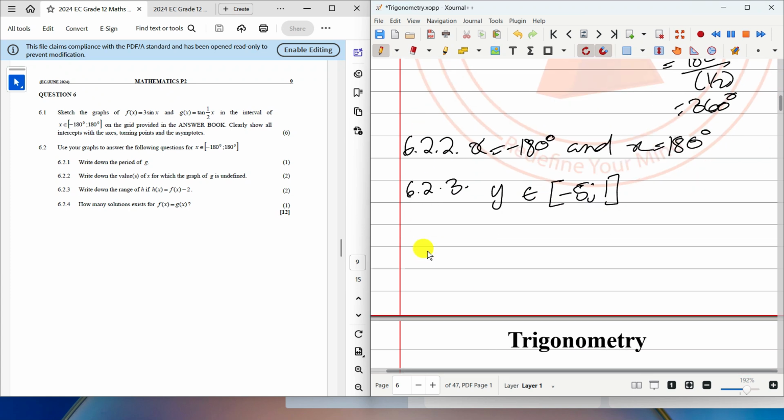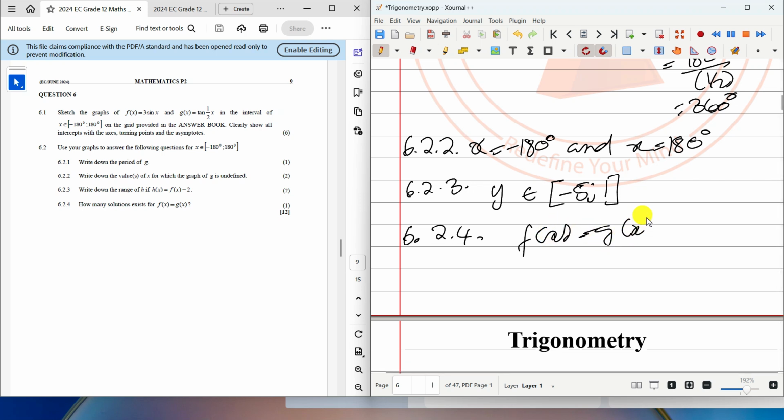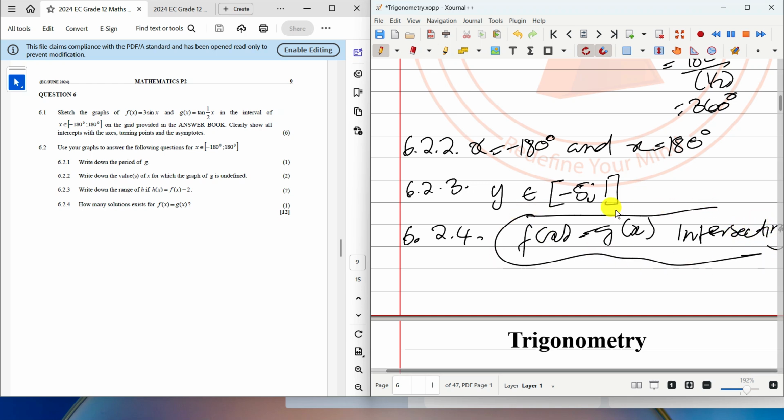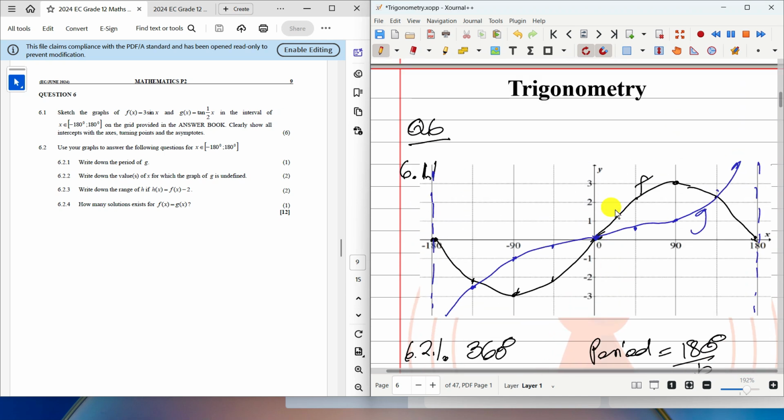Proceeding, 6.2.4. How many solutions exist for f of x equals g of x? It means where are they intersecting? However, the question is not asking us where they are intersecting. It says how many times they are intersecting. Let's go back to our graph.